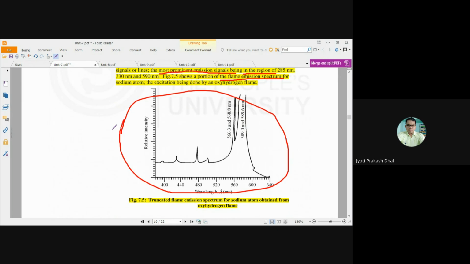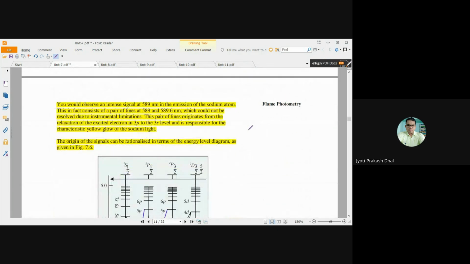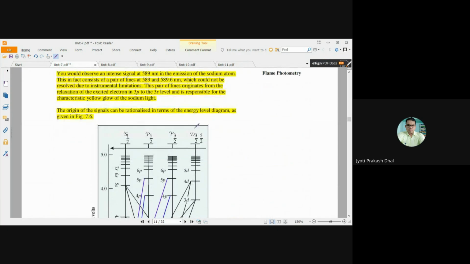When the sodium chloride solution interacts with the oxyhydrogen flame, the sodium atoms give rise to this type of emission spectrum. That is called flame emission spectrum. And after that you will observe an intense signal at 589 nanometer in the emission of the sodium atom.